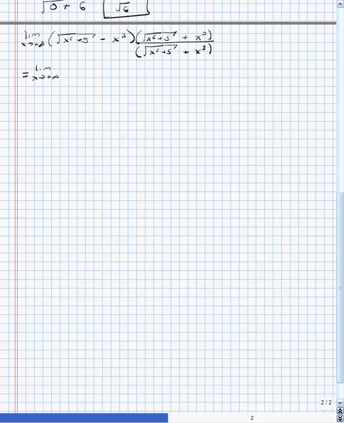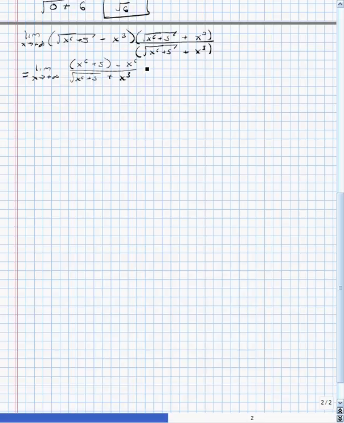If we think back to our days of algebra when we were doing factoring, this looks a lot like the difference of two squares. So we can write this as x to the 6th plus 5 minus x to the 6th. You could FOIL it out and you'd get the same thing. Divided by the square root of x to the 6th plus 5 plus x to the 3rd.